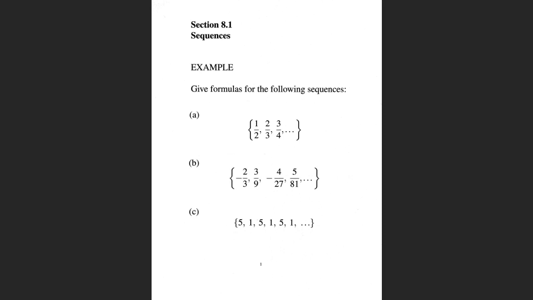Okay, so we have these three sequences here, and let's look at the first sequence. When they say they want you to find the formula for the first sequence, what they're calling the formula is known as the nth term.